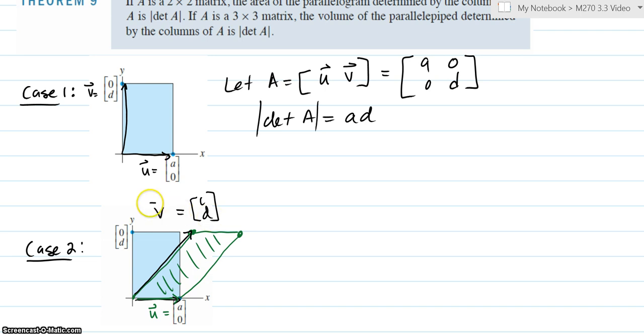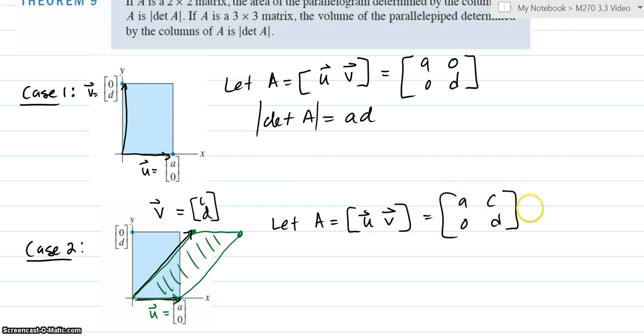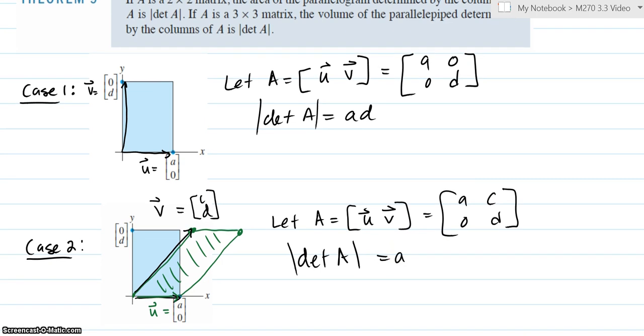So that would be V. So let's let A be our new UV, which is still A, 0, but now it's C, D, and you can still see that the absolute value of the determinant of A is still AD, which we know is an area of a parallelogram.